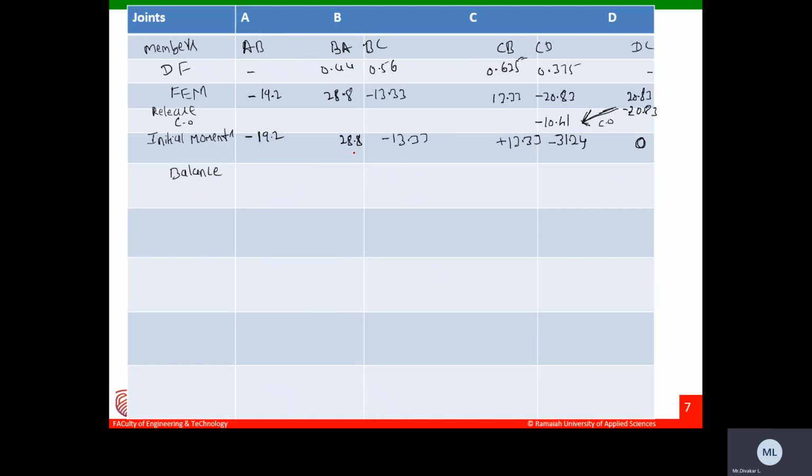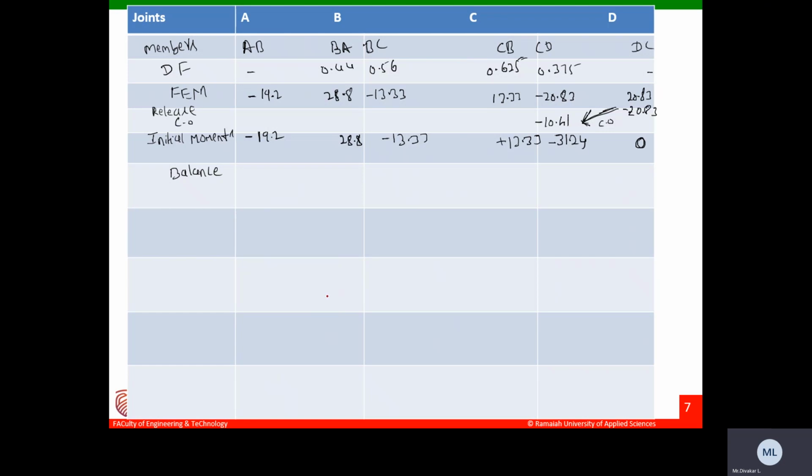Okay, now let us add this one. What is that? 28.8. So let us add those two values: 28.8 minus 13.33. So how much will you get? You will get 15.47.